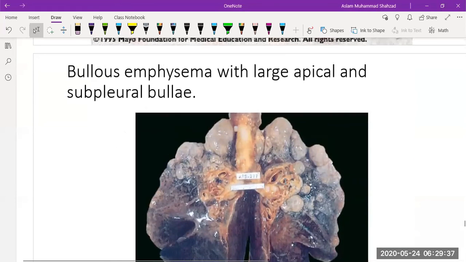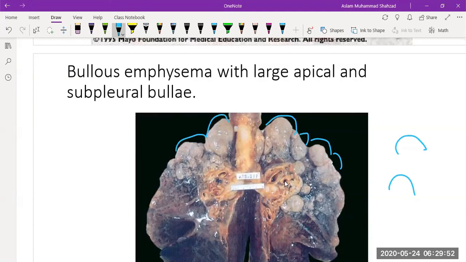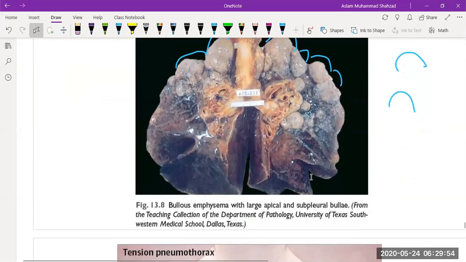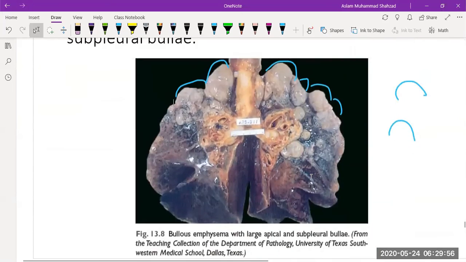Next is bullous emphysema with large apical and subpleural bullae. We can see these growths have a bulb-like appearance. They look like a bulb, a round-shaped structure on the apical part, and that shows the presence of bullous emphysema. And why does bullous emphysema occur?